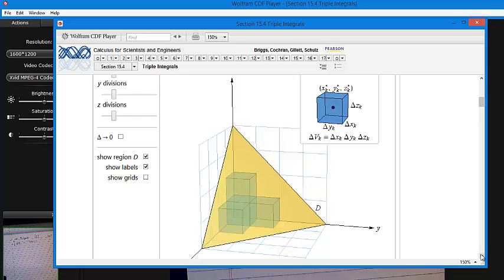You could think of this as a pyramid. And if I restrict myself to the first octant, what do we normally say? The first quadrant. Well, if you have XYZ axes, there are octants, and the first octant would be the one where everything's positive. That's what I'm showing you here.